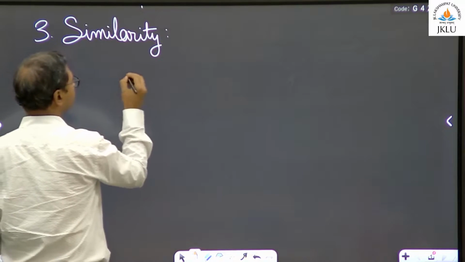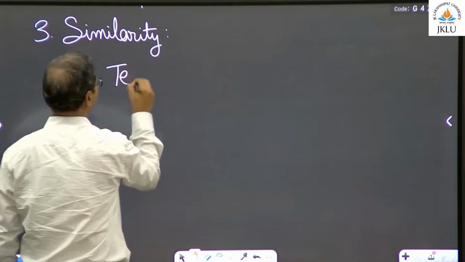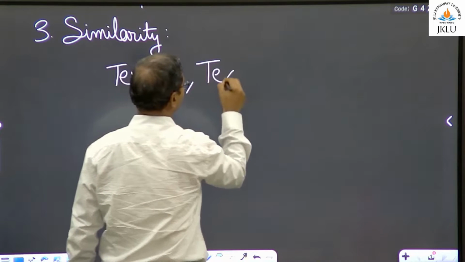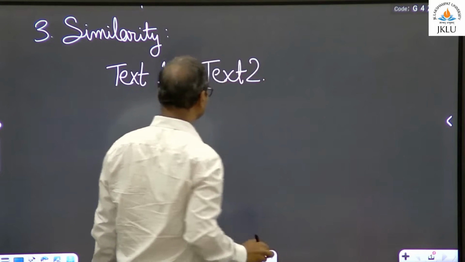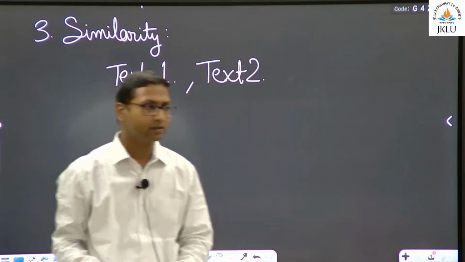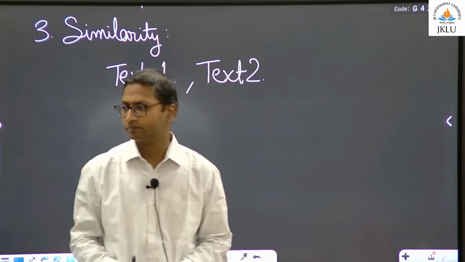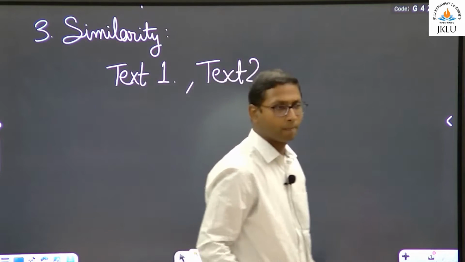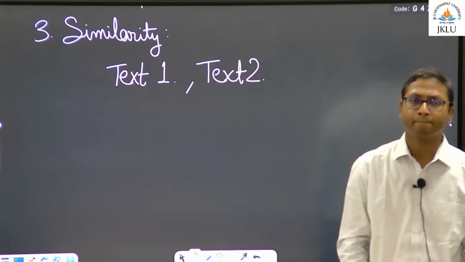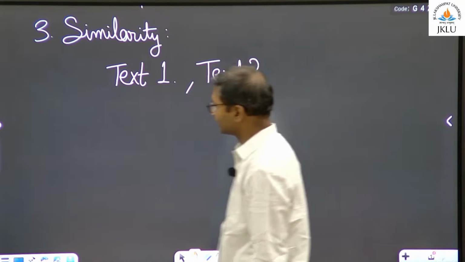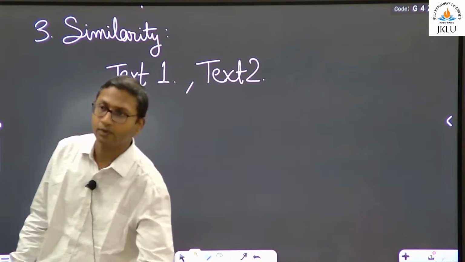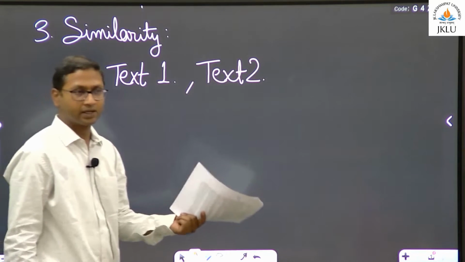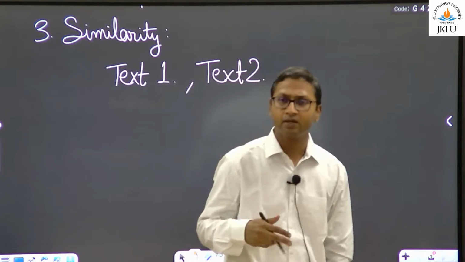Your data set is, you have text 1, you have text 2, and you are just supposed to tell me whether they are similar or not. Okay. So how do we do this now? This is just binary classification. Either you will say yes or you will say no.